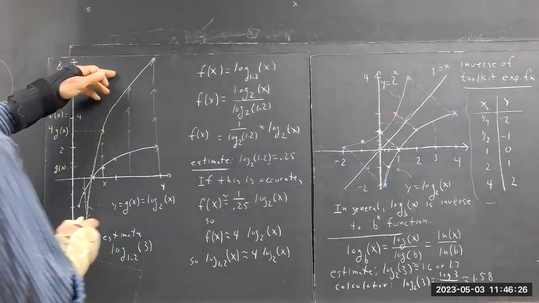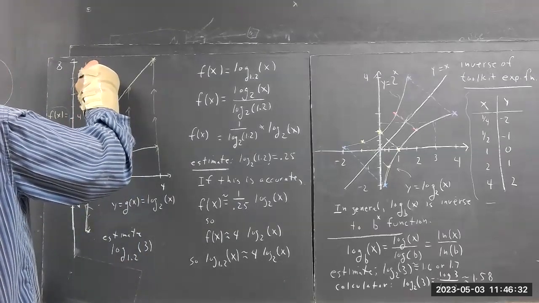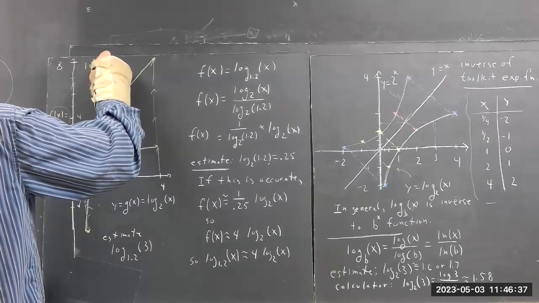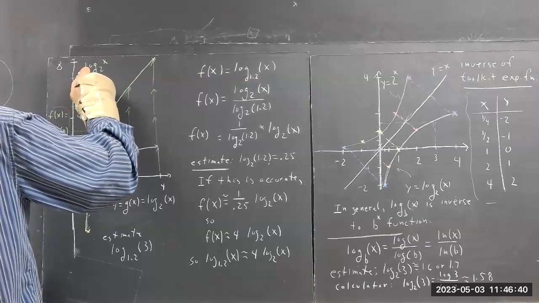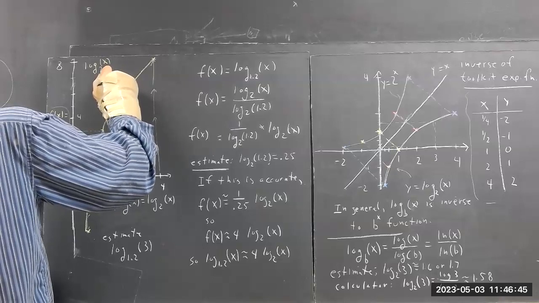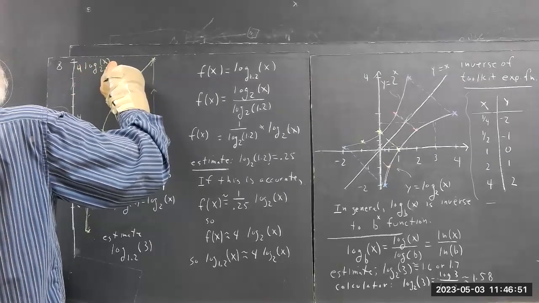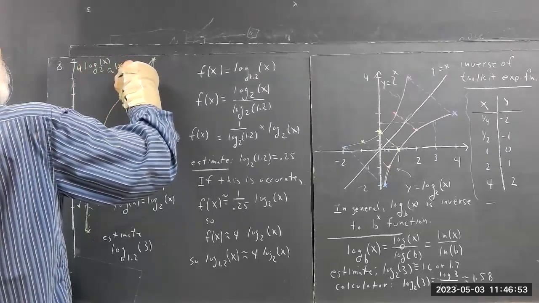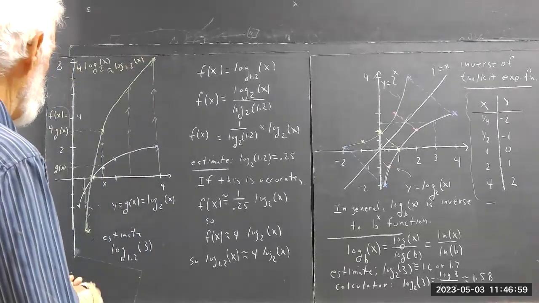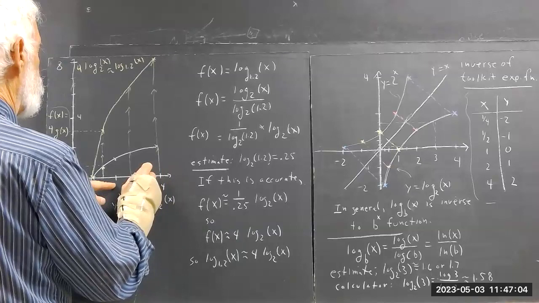So this is a graph here of f of x. Three is about here.